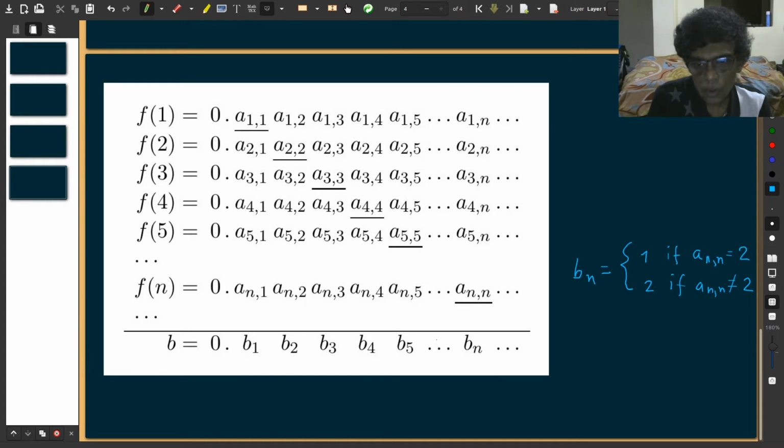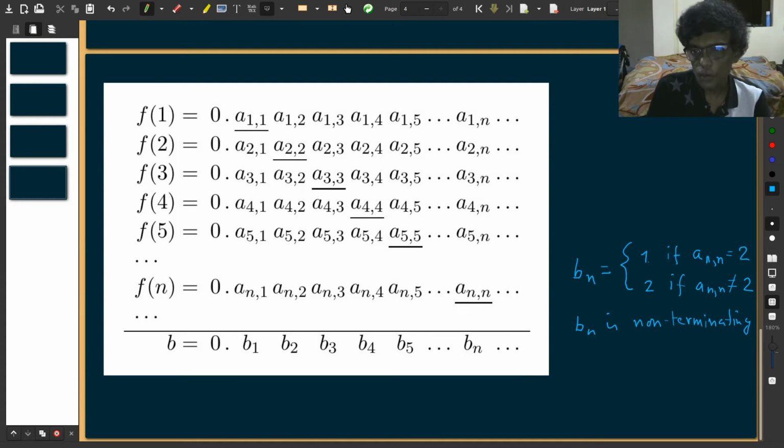Okay. That essentially implies the number b constructed this way is also a proper fraction, you can see, 0.1 or 2, 1 or 2, 1 or 2, 1 or 2, and so on. Also note that b is non-terminating, because terminating fractions involve an infinite number of zeros at the end or an infinite number of 9s at the end.